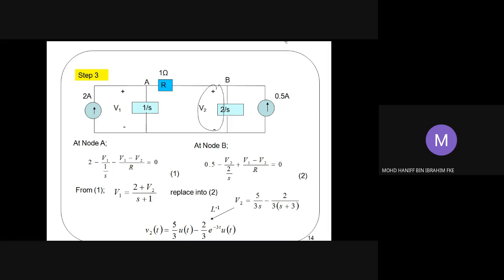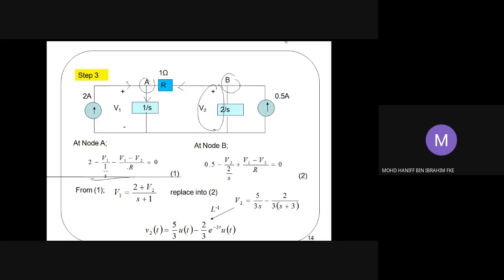We have two nodes, A and B. At node A, this is the KCL equation: 2 ampere minus V1 over 1 over S, which is the current, and then V1 minus V2 divided by R equals 0, in this direction.